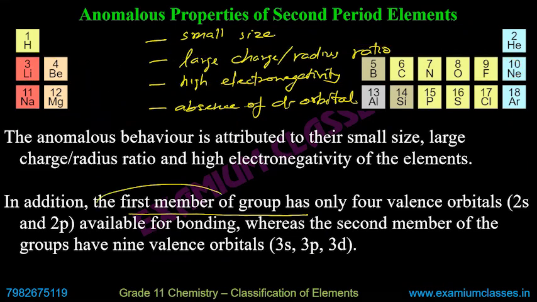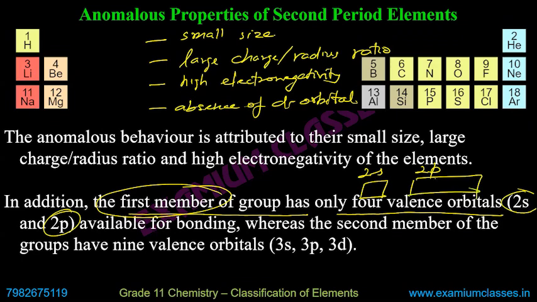So the first member of each group, the second period, has only 4 valence orbitals, 2s and 2p. So there are a total of 4 orbitals.